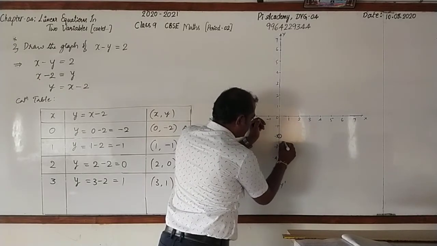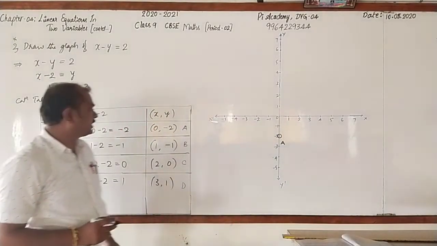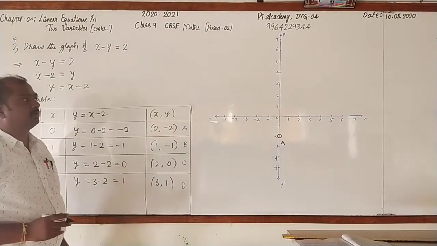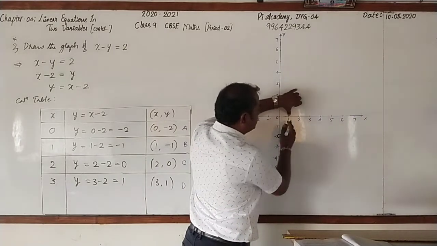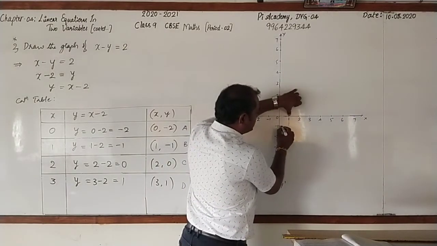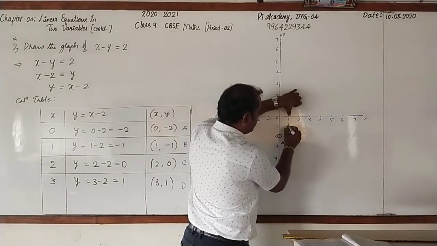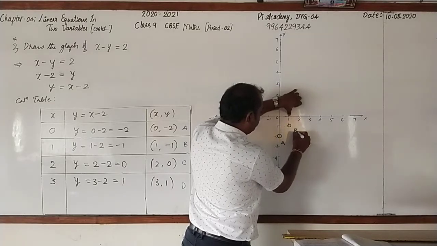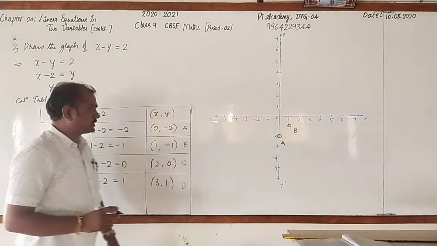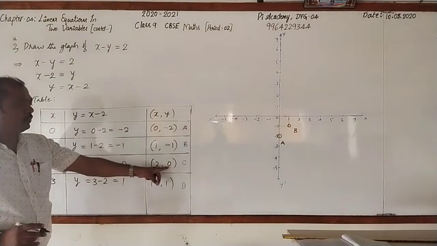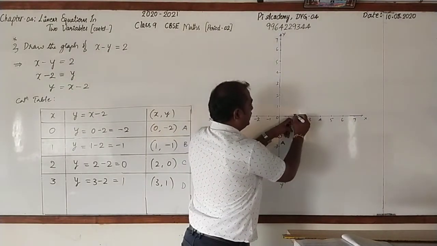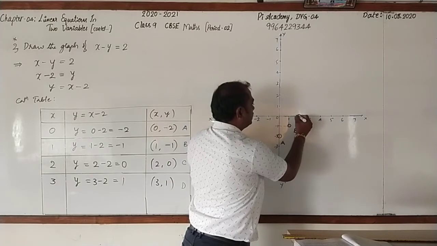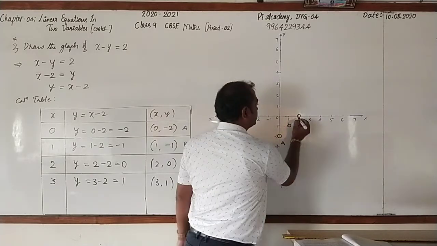I call this A. Second point, (1, minus 1). When x is plus 1, y is minus 1. See that the point comes here. It is B. Next, when x is 2, y is 0. X is 2, y is obviously 0, so the point lies on the x-axis.